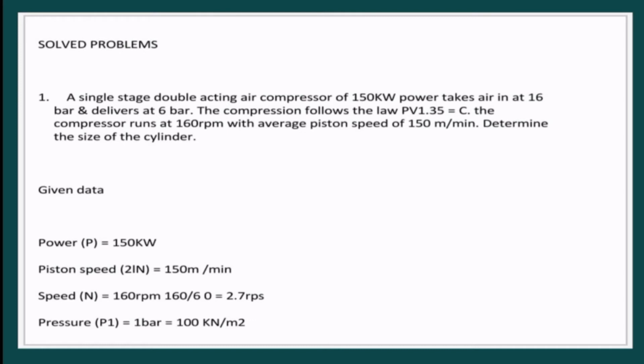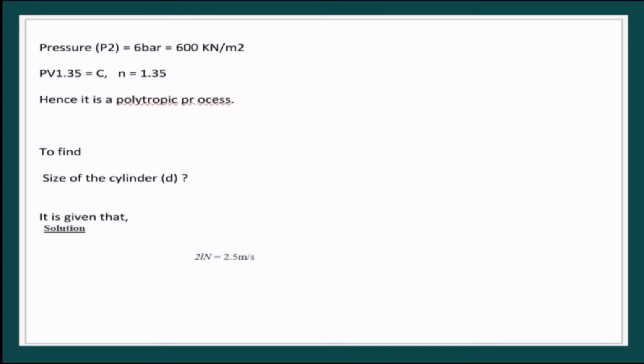Pressure P1 is equal to 1 bar or 100 kilonewton per meter squared. Pressure P2 is equal to 6 bar or 600 kilonewton per meter squared. PV raised to 1.35 is equal to C. n is equal to 1.35.